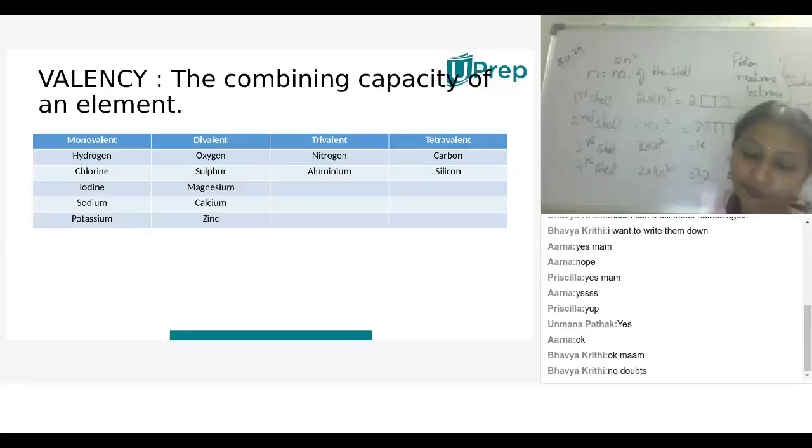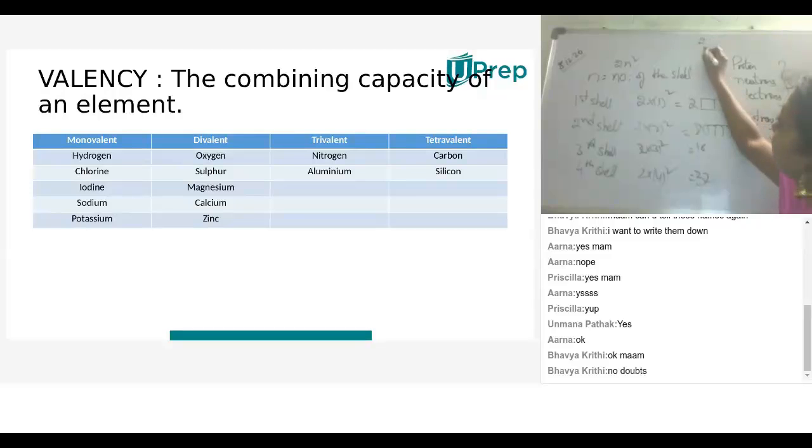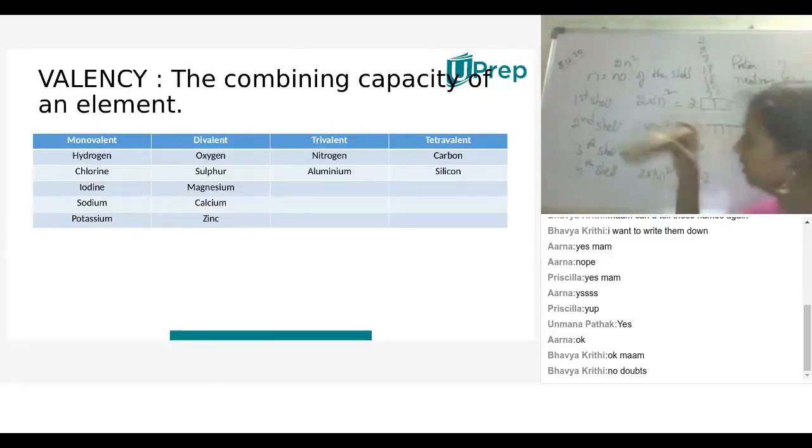So from that point of view, Bohr himself, based on the arrangement of the periodic table, which you are going to learn in your higher classes, has given one more order: 2, 8, 8, 18, 18, 32, 32. Is it visible?